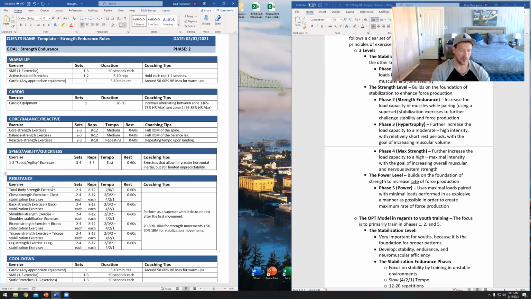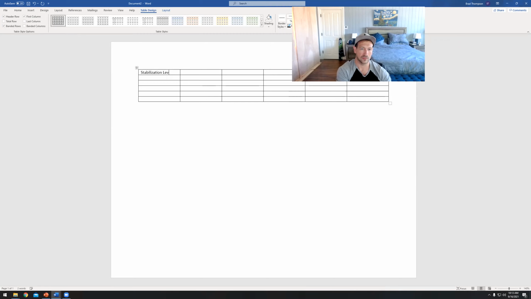Right? And you just make this, let's see here, page layout. Hold on. Let's say stabilization, right? You put that on one side, and then your repetitions are 12 to 20.